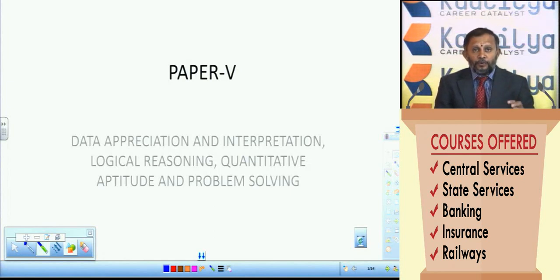But in addition to these, as per the syllabus provided this year, there is a chance of getting questions from statistics, and probably there may be more questions from the statistics part.